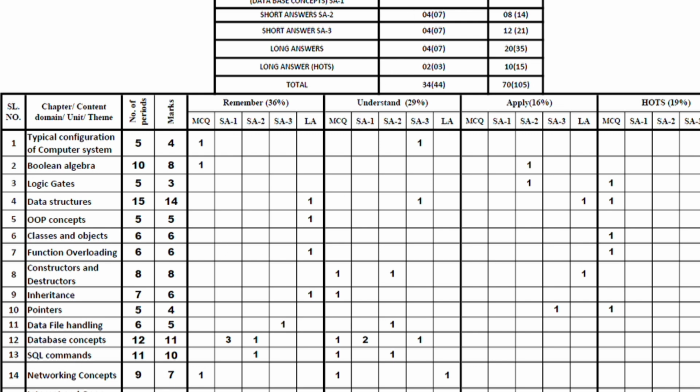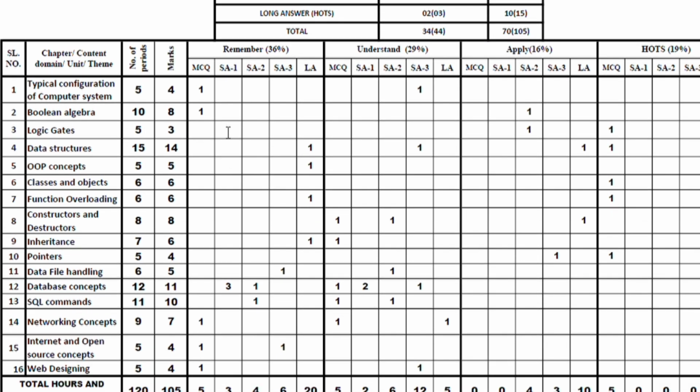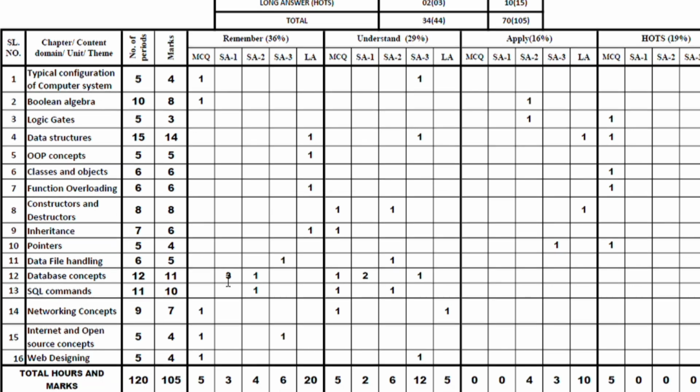Look at this blueprint of model question paper 2. Again the same marks. Again typical configuration 4, Boolean algebra 8, logic gates 3, data structures 14. So you can observe the same weightage, up to web designing, so it is 4.